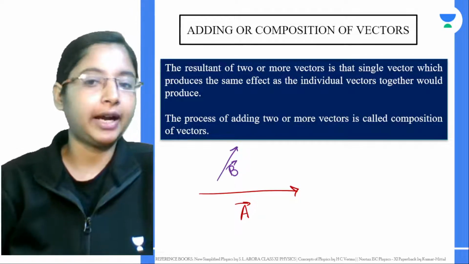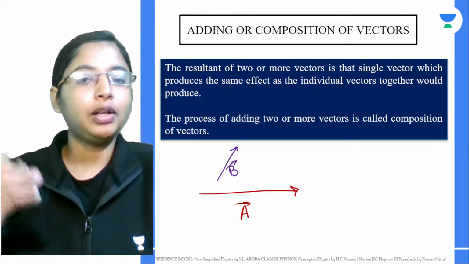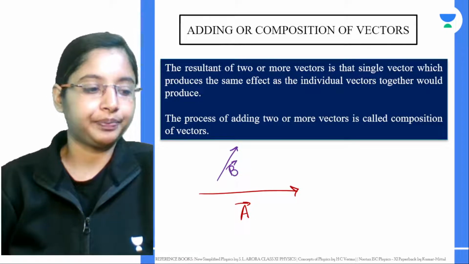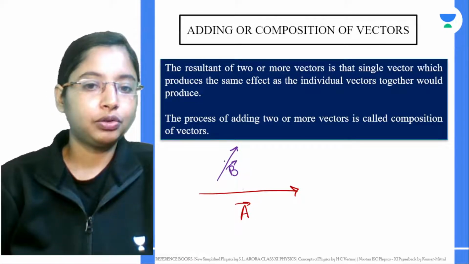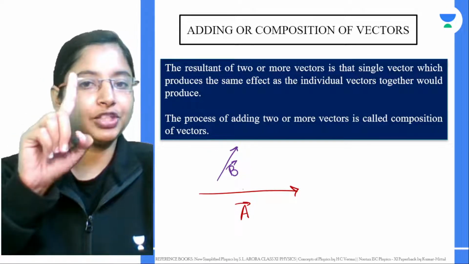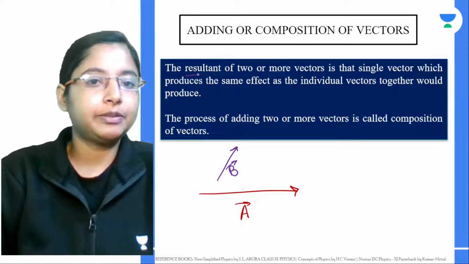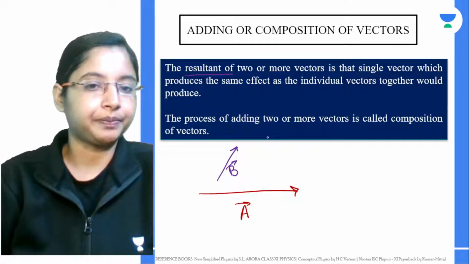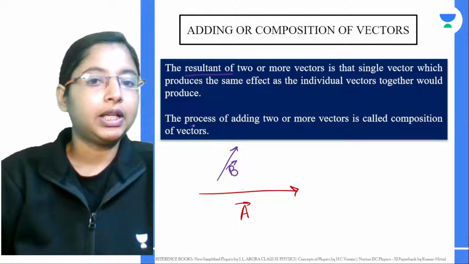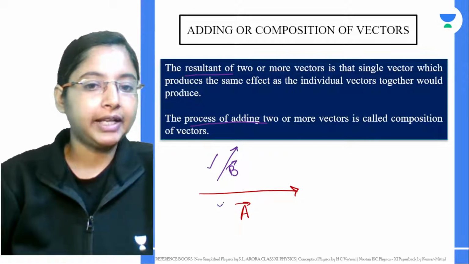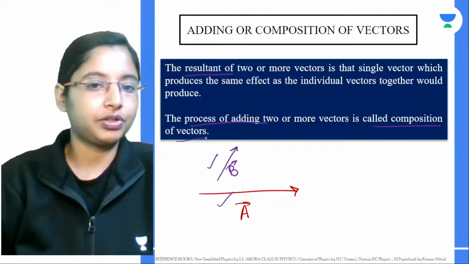That way we cannot add vectors. You can only add vectors through geometrical laws. The effect of these two vectors, if you could express it with just one single vector, that is basically called the resultant of the vector. Now the process by which you are adding these two vectors is called composition of vectors.